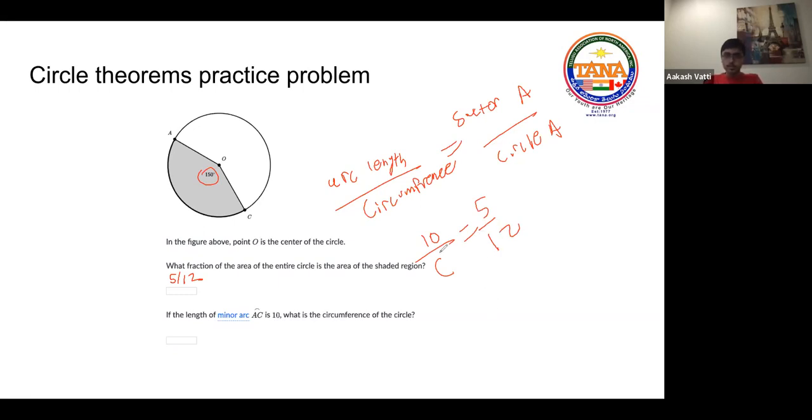And then when you multiply both sides by 12, and you multiply this side by C as well, you get 20, or no, wait, I did that wrong.